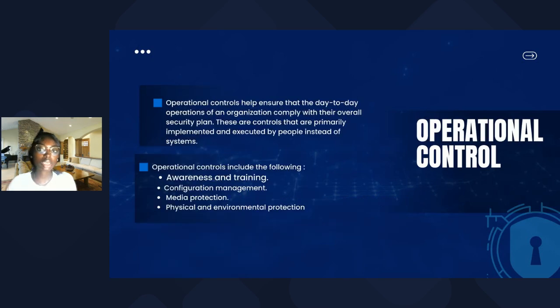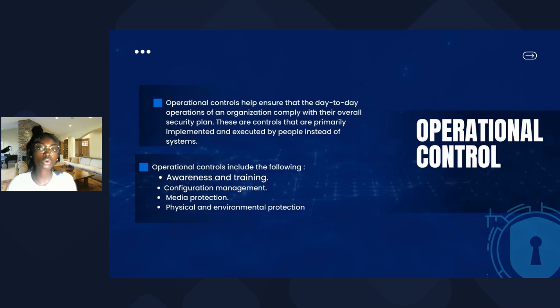On the next slide, you have operational control. Operational control is implemented and executed by people, right? They're trying to ensure that the day-to-day operation of an organization complies with their overall security plan.